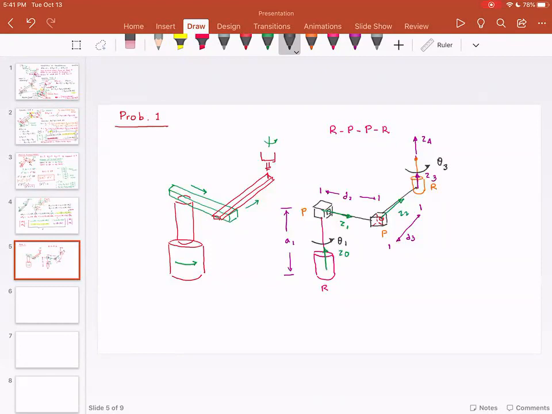For example, there is an offset L6, there is an offset L8, but those offsets you can approximate to 0. That's totally fine. For example, L6, the offset between the two joints, you can approximate it to 0. That's totally fine.